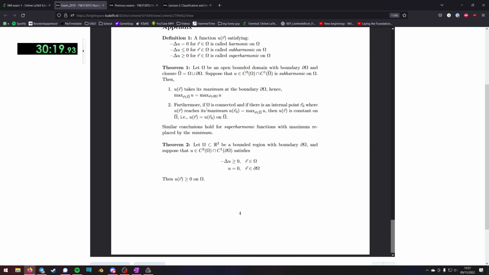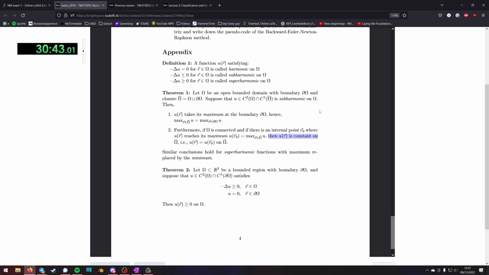Then if it is connected and there's an internal point where it reaches its minimum, so on that point, on the thing itself, it reaches minimum, then it is constant. Yeah, makes sense.